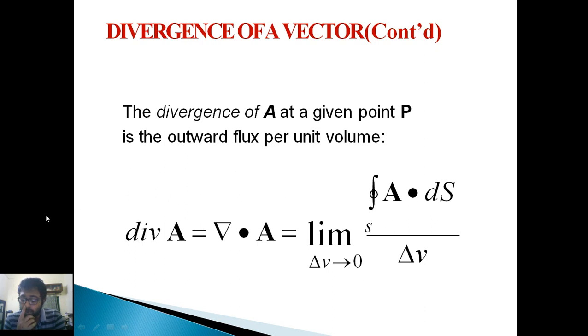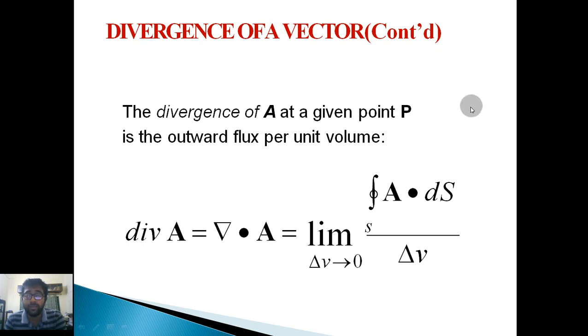Now, if we recall the surface integral, it has been described here as the surface integral of vector A at point P. As we have already described, surface integral means the outward flux of the specific vector A, which is continuous in the space or region or the surface S.